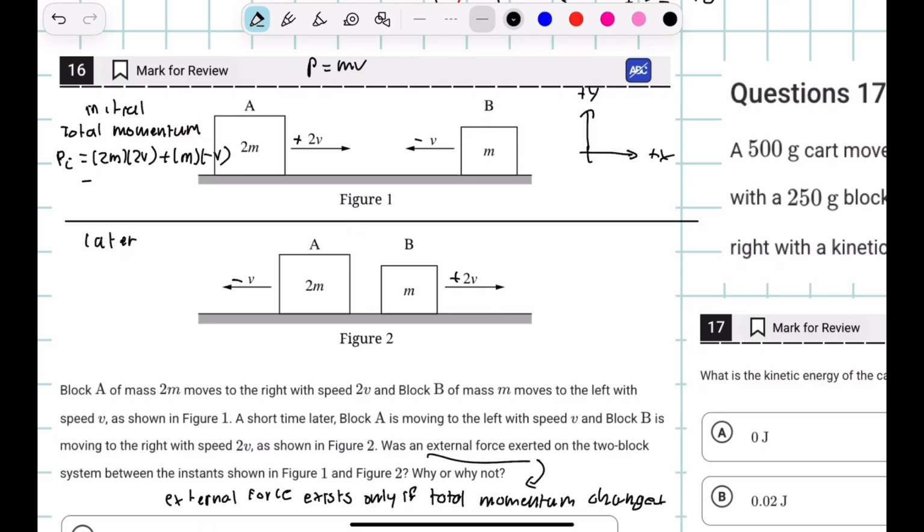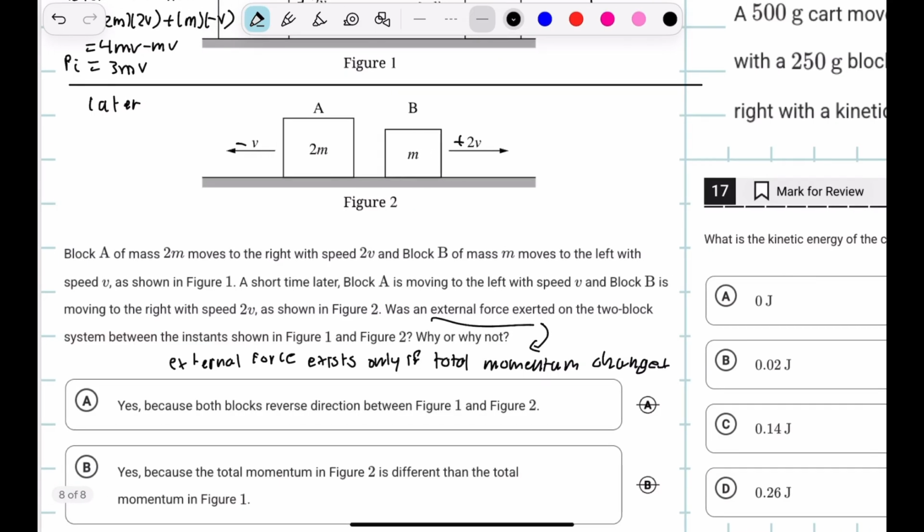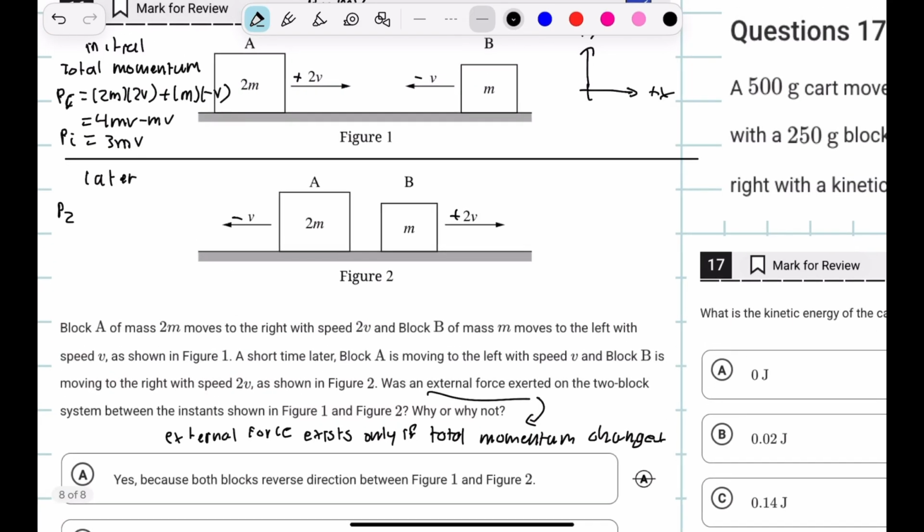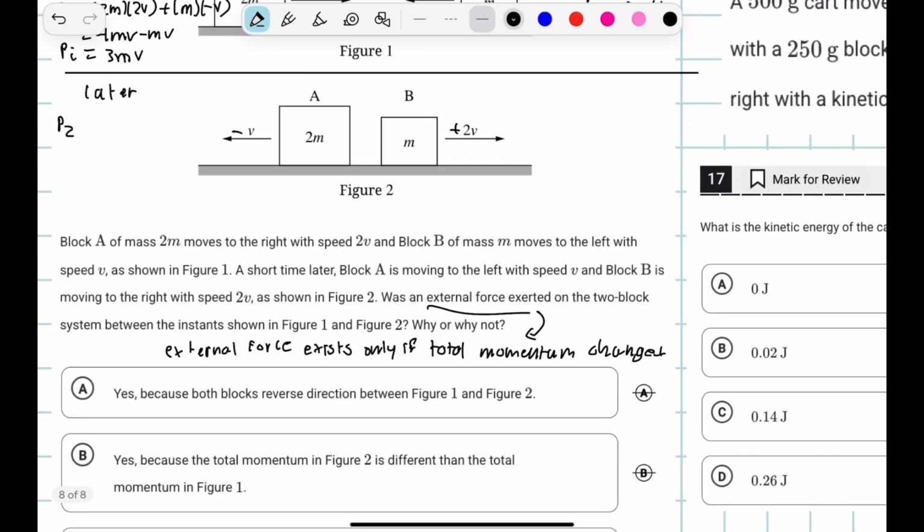So you have 4mv minus mv, that's going to equal 3mv for P initial. And then let's just call this PF. That's going to be 2m times negative v plus m times 2v, so negative 2mv plus 2mv, and that's going to equal 0.